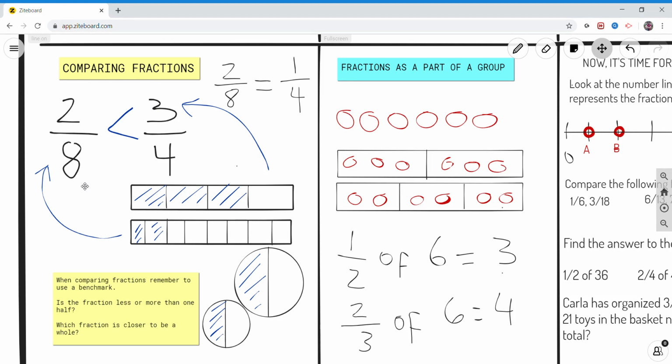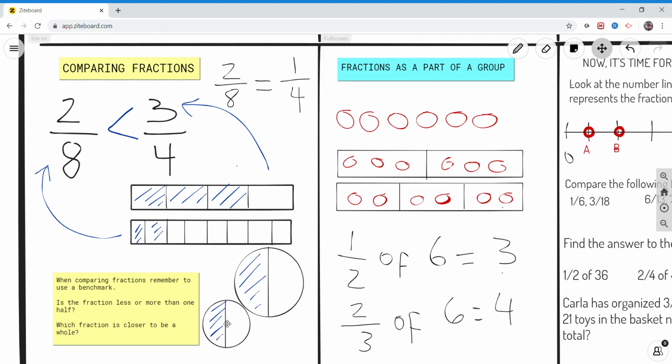When comparing fractions, remember to use a benchmark. The benchmark is: is that fraction less or more than 1/2? Or which fraction is closer to being a whole? If you look again at the models, 3/4 is closer to being a whole than 2/8 is.